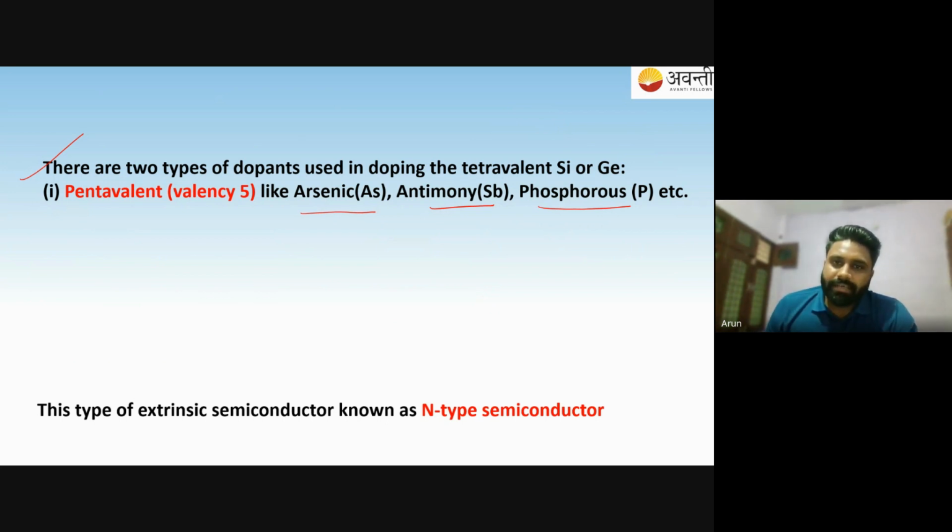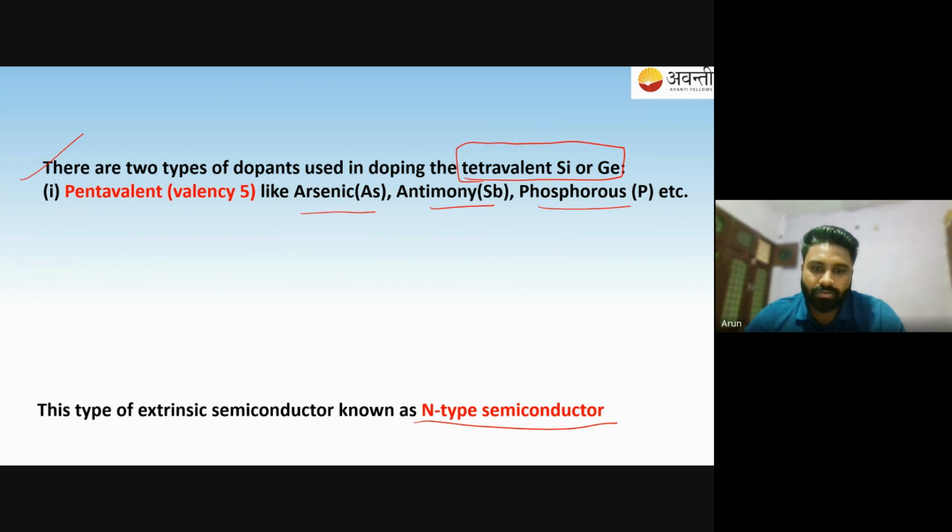So we have a tetravalent semiconductor, Si and Ge. For that we will use this pentavalent impurity. Examples are arsenic, antimony and phosphorus. They have 5 electrons in the outer shell or the valence shell. This type of semiconductor is known as N-type semiconductor.